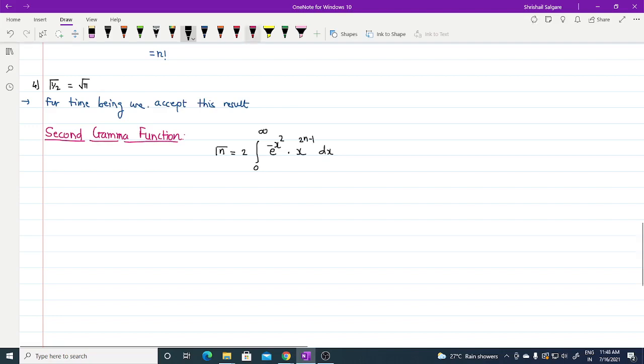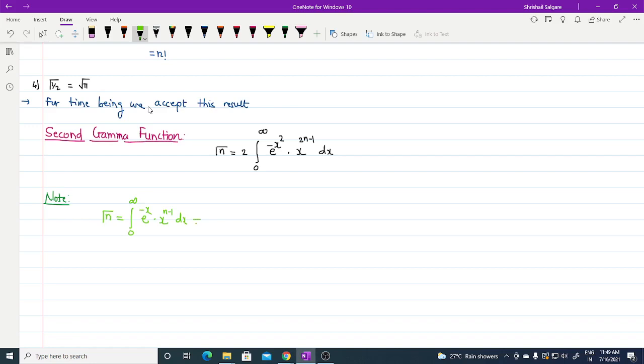Before proceeding I will write one note here, and I want an answer from your end. Gamma of n is given by integral 0 to infinity e raised to minus x into x raised to n minus 1 dx.